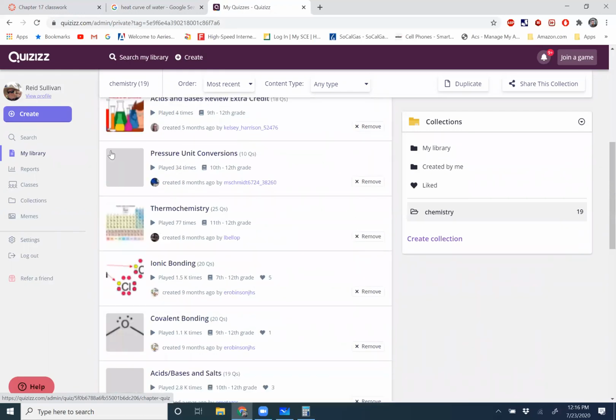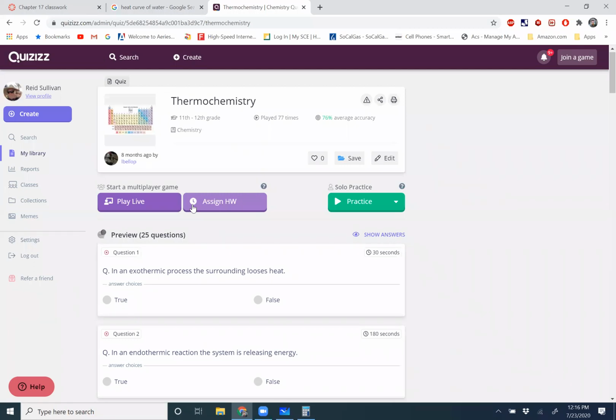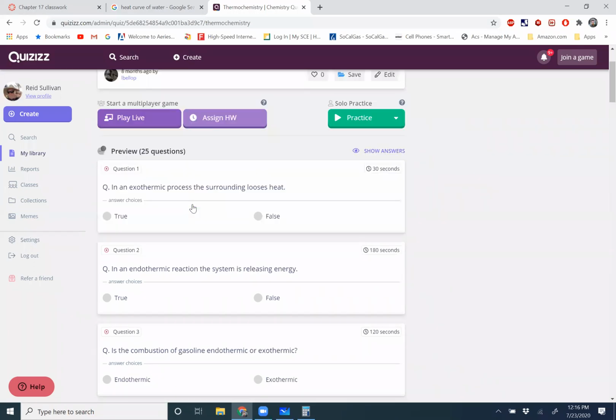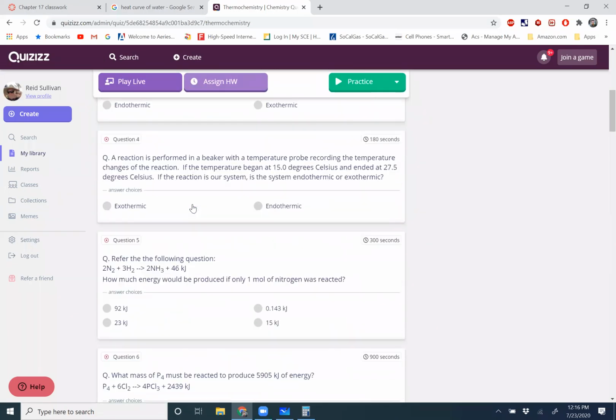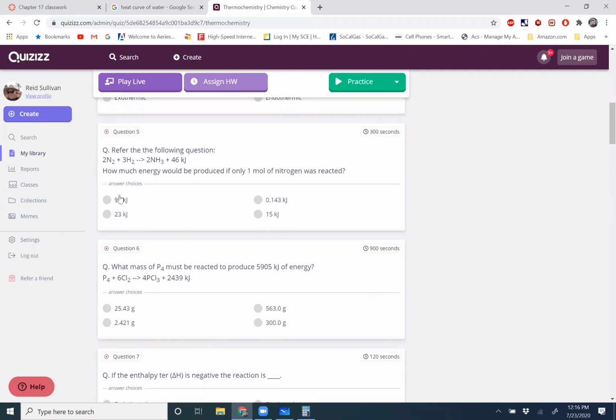This one is called thermochemistry. So it's like, what's an exothermic process? Things like that. This one is the enthalpy change, where they're asking how much energy would it take to produce 1 mole of nitrogen.